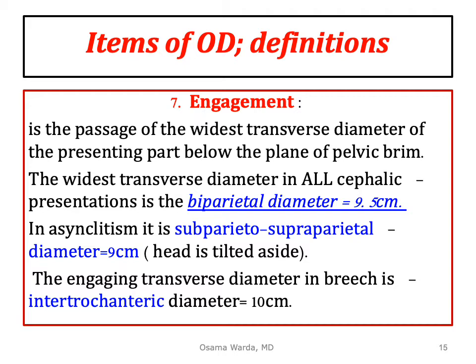If in asynclitism, it is subparieto-supraparietal, and it is only 9 centimeters. When the presentation is breech, the widest transverse diameter is the intertrochanteric diameter, the diameter between the 2 trochanters of the fetal pelvis, and it is 10 centimeters. Okay.